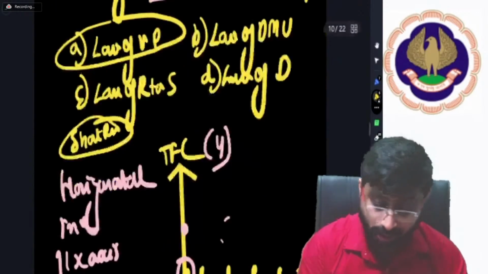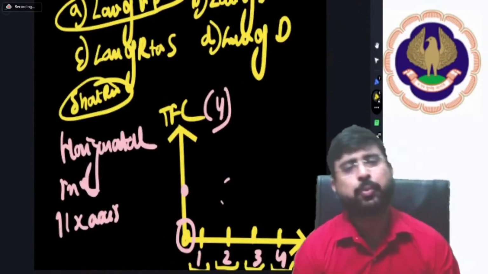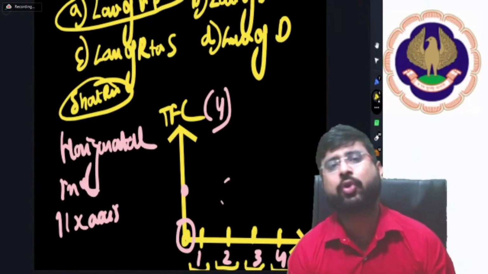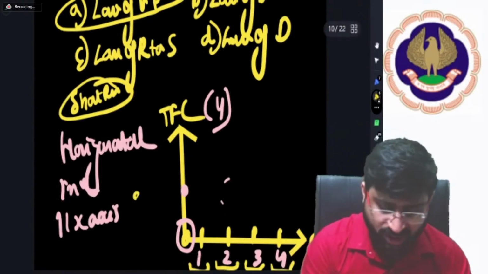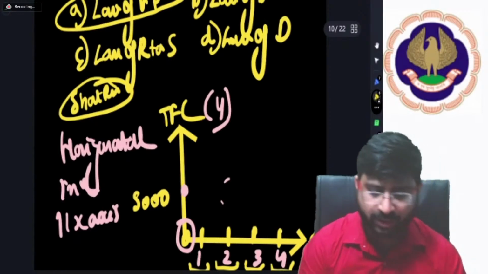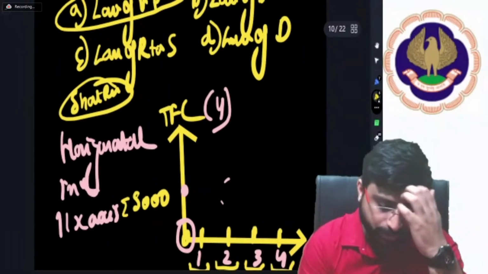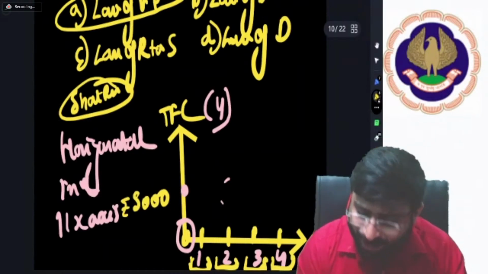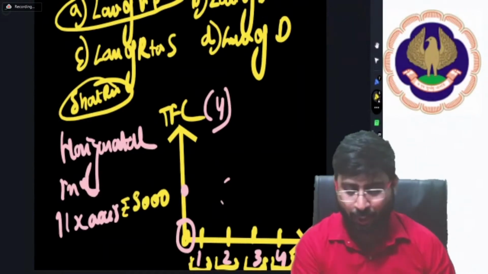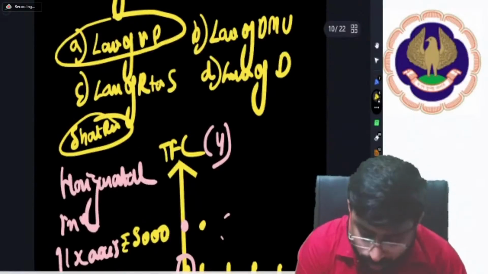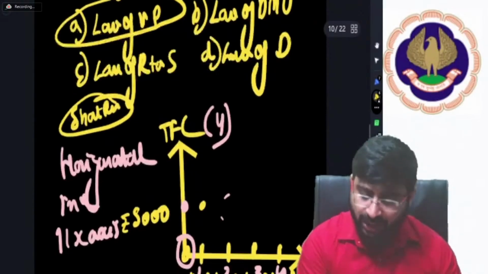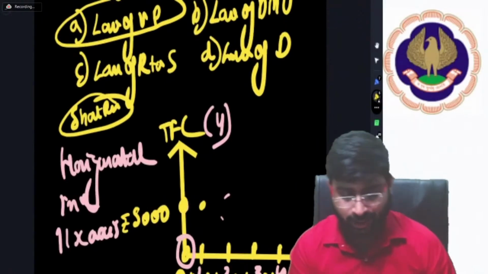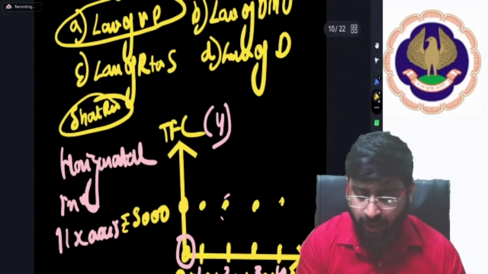Now pay attention here. If we are in short run, suppose total fixed cost is the rent of a godown. If it is fixed at, let's say, 5,000 rupees, now if you are producing 1 unit, 2 units, 3 units or 4 units, is it material? No. Even if you produce nothing, the cost will be 5,000 only. Again 5,000, 5,000, 5,000.